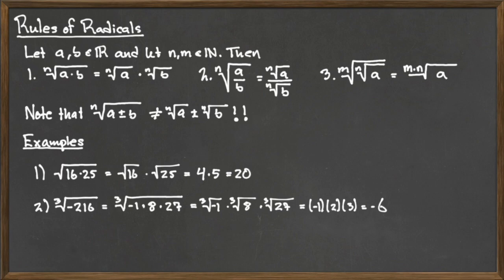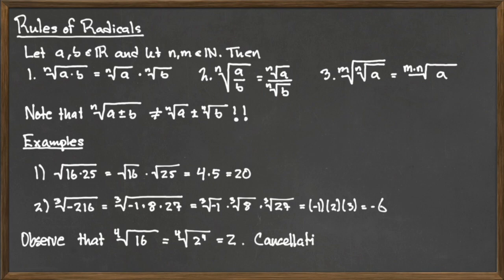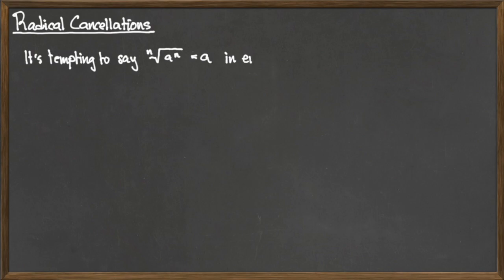To motivate our next slide, observe that the fourth root of 16, which can be expressed as the fourth root of 2 to the fourth, is equal to 2. And it seems like I have a cancellation of exponents and indices here. It's very tempting to think that matching indices and powers always give you a cancellation. But it's not always the case that the nth root of a to the n equals a.